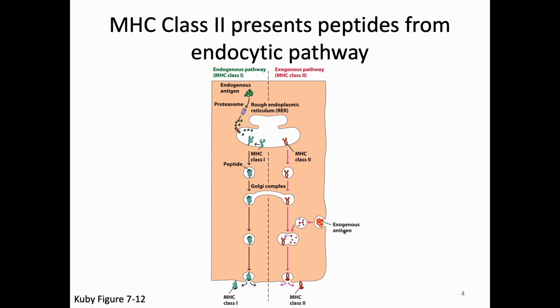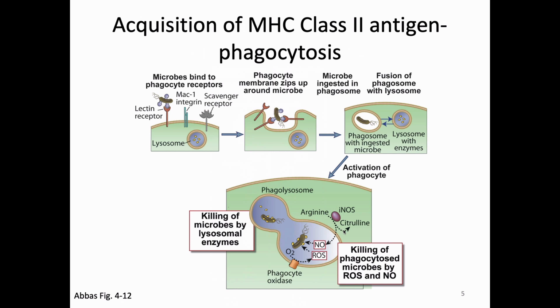And so we're going to go through the same set of 6 steps and see how they work for Class II compared to Class I. So for acquisition of antigen for MHC Class II, the most common way we can think about acquiring antigen here is phagocytosis. So this is very different than what we saw in Class I.